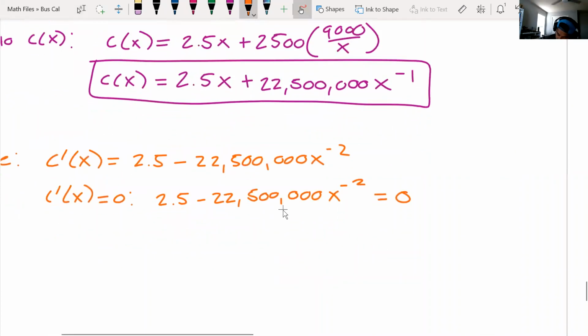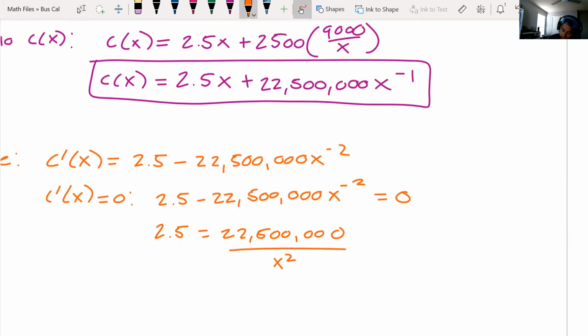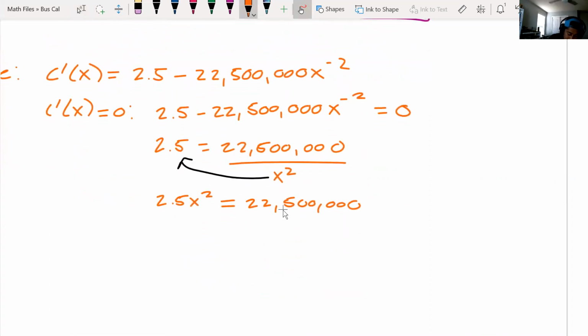So we'll get 2.5 equals 22,500,000 over x squared. Multiply that to the left. 2.5x squared equals 22,500,000. And then divide that by 2.5.